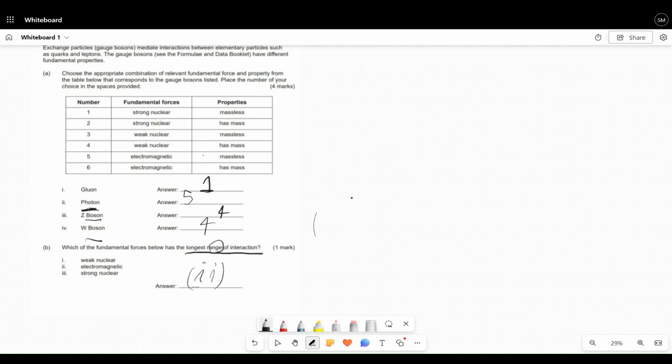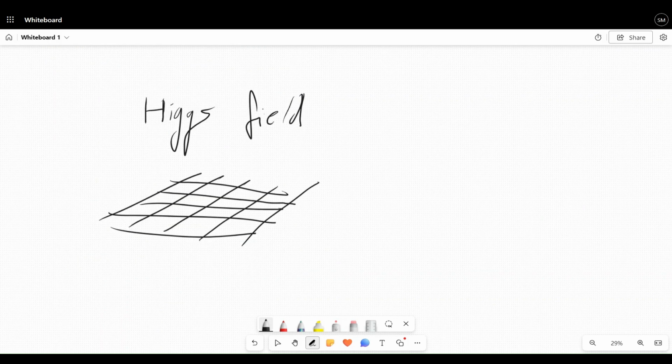And okay, let's do a bit of background. This is not 100% useful and it's not graded, but I just want to explain why the W and Z bosons have mass and why gluons and photons do not have mass. Okay, so this is a Higgs field.